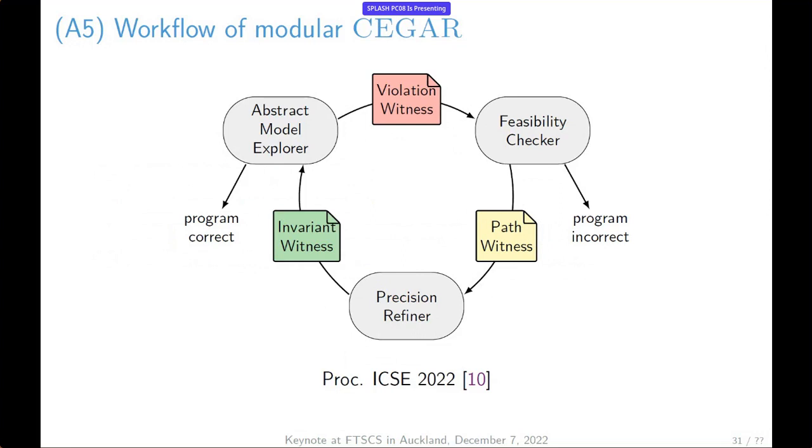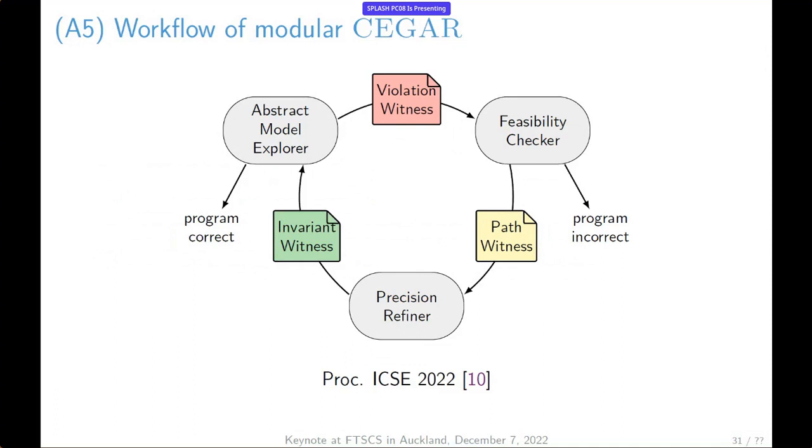And then we ask a feasibility checker, which is like a witness validator, right? Because if this is an infeasible counterexample, then the validator would find out that this is not a realizable path. So we can use existing components here.